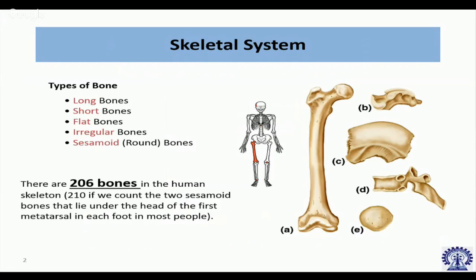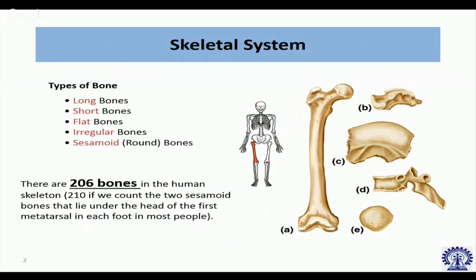So we have a skeletal system, and there are long bones, short bones, flat bones, and irregular bones. In total, there are 206 bones in the human skeleton. Now 210, if we count the two sesamoid bones that lie under the head of the first metatarsal in each foot of most people.